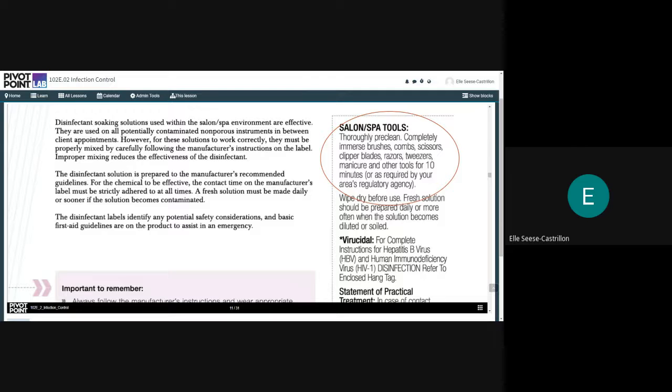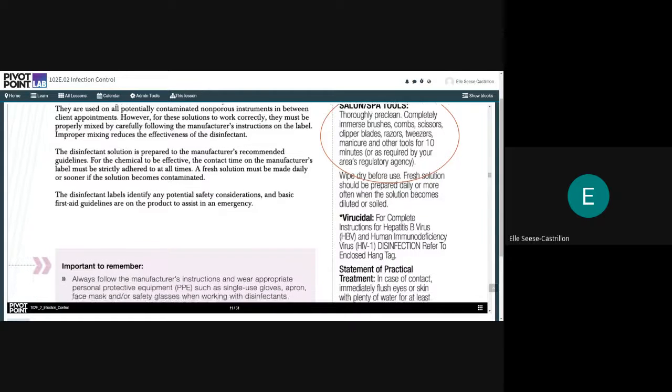The disinfectant solution is prepared to the manufacturer's recommended guidelines. Typically, you would fill your water first. You would get your base of that disinfectant, and then you would put your concentrated disinfectant solution in after. If you do it the other way around, the water amount is going to dilute it too much, to where it's not going to be as effective on disinfecting your products.